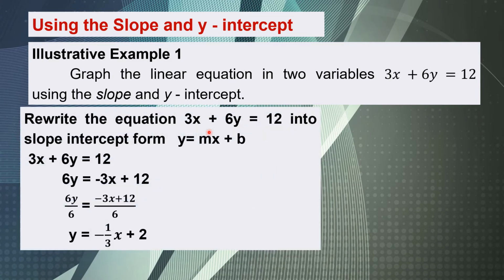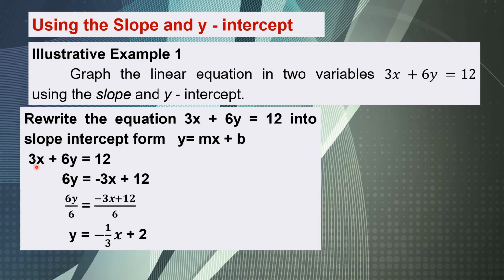So first step is we are going to rewrite the equation 3x plus 6y equals 12 into slope-intercept form, y equals mx plus b. So this is our equation. We must rewrite this into this form, y equals mx plus b.